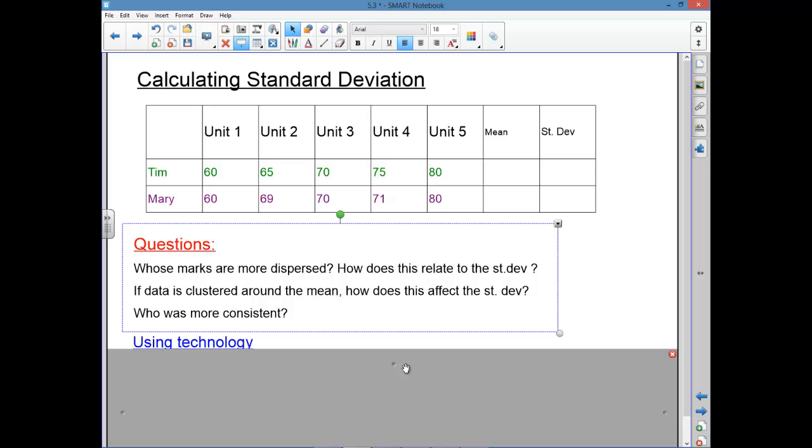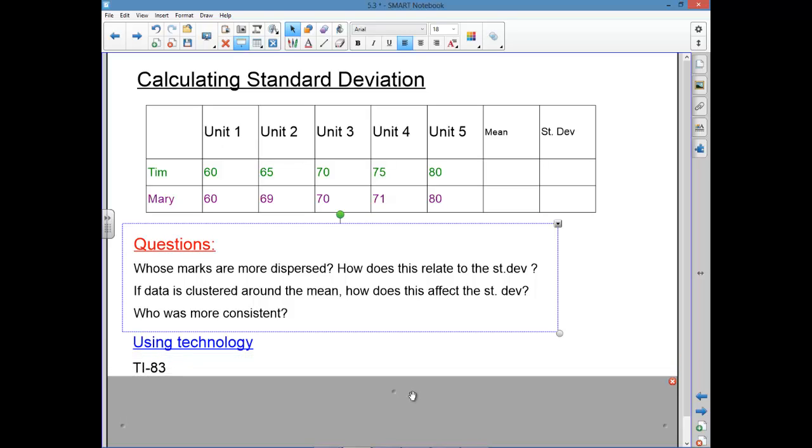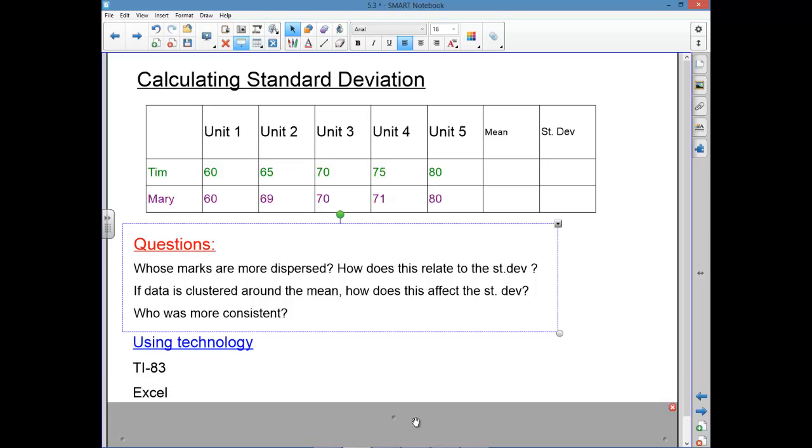Now, to help us to do this, we're going to be using technology. So first, we're going to be using the Texas Instruments TI-83 calculator. And as I've mentioned in class, you can download the emulator for the TI-83 online. And that's what I'll be using today. You can also use Excel, a Microsoft Office program, or any other spreadsheet program.